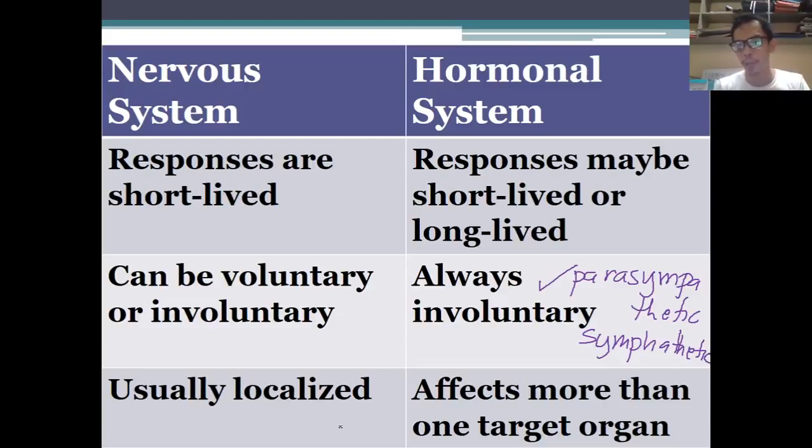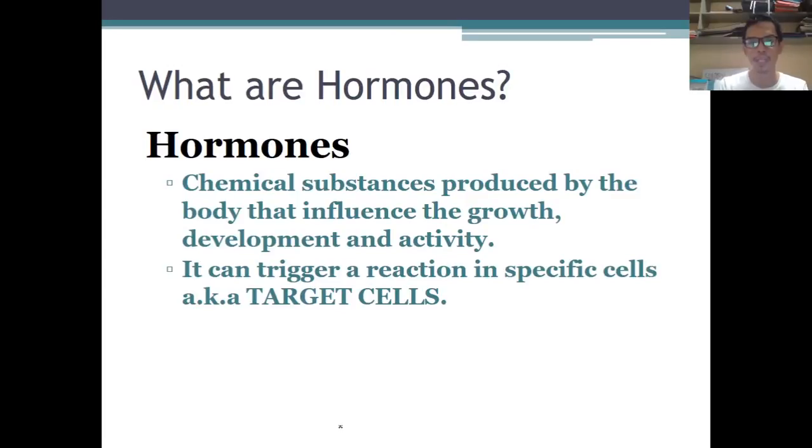Another example is the adrenal gland, which may target the liver or the digestive system in order to do its particular function. Again, these are the second batch of differences between the nervous system and the endocrine system.